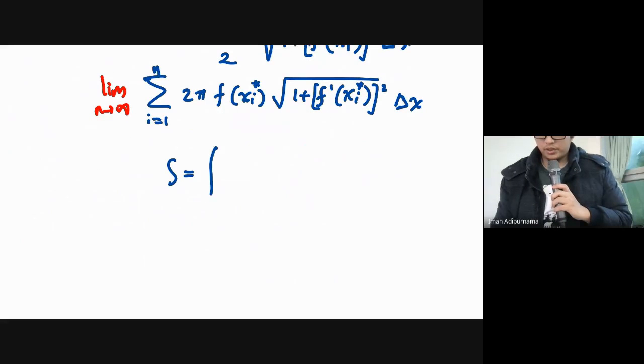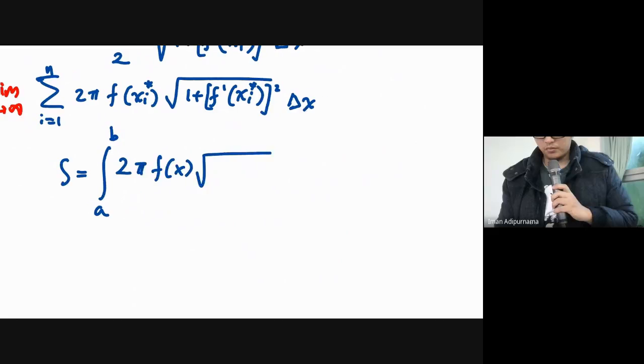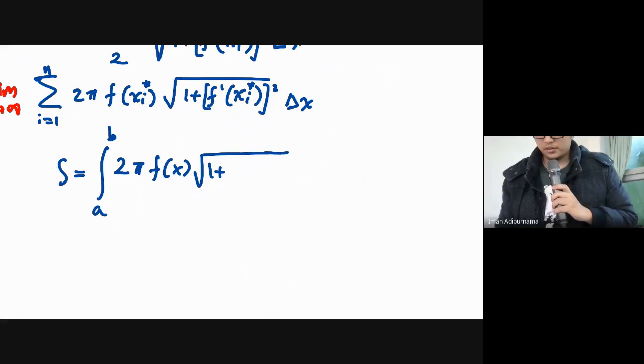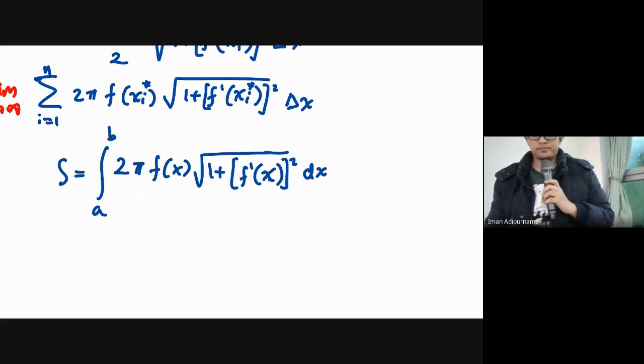So S will be the integral from a to b of 2 pi f of x times the square root of 1 plus f prime of x squared, or maybe the i will disappear. Sorry, so it's just x.